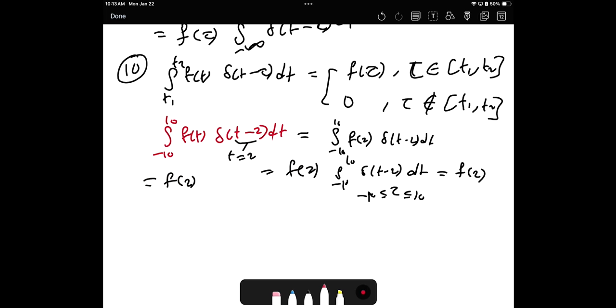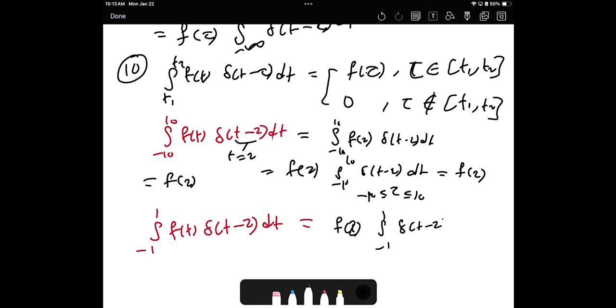Another example: the integral between negative 1 and 1 of f of t delta t minus 2 dt. What do you think the answer will be? It's f of 2 times the integral between negative 1 and 1 of delta t minus 2 dt.